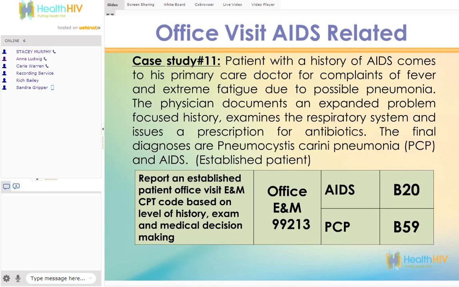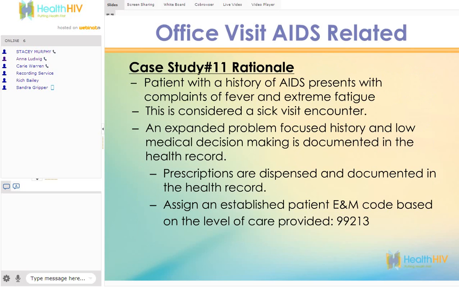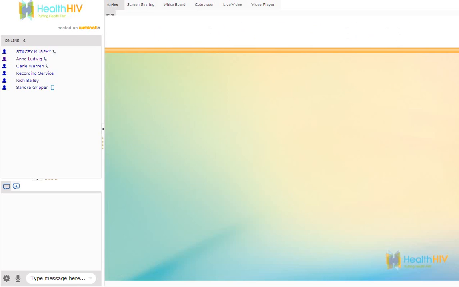Once they have an opportunistic infection, they're now diagnosed as AIDS, so B20 would always be sequenced as the principal with any of those opportunistic infections. So here is the rationale for the codes that we selected.